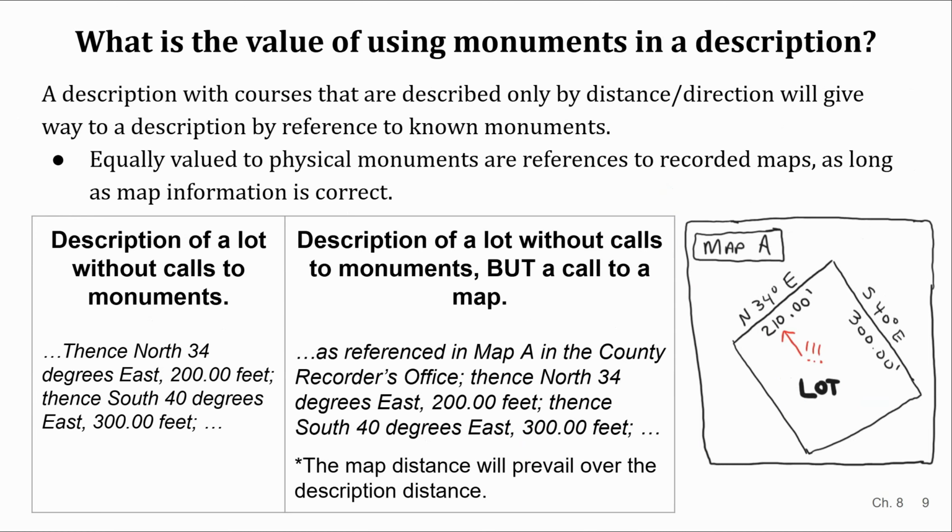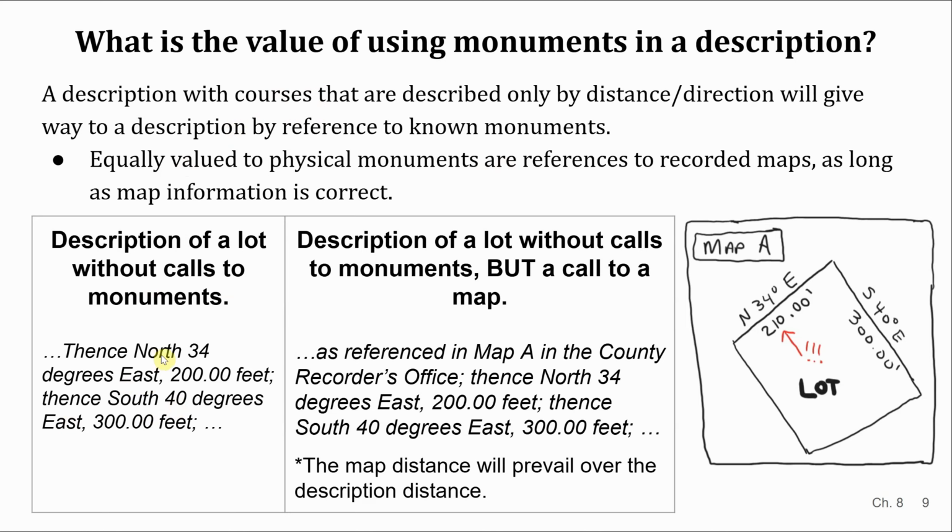So this slide provides an example of how a call for a map can provide helpful information. Without calls to monuments, we have to rely on directions and distances that might not conform well with the physical evidence. So the point of this slide really is to show the value of using monuments in your descriptions. We have an example without monuments here.